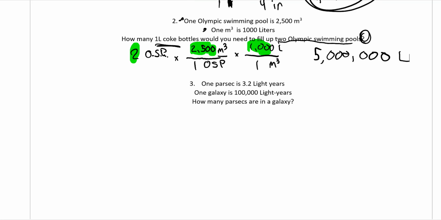Okay, finally. You might have heard the word parsec and light year before, and you don't know what they mean. They're ways to measure distances in space. Really huge distances. Maybe I'll talk about it more in class later. So, you remember, we figure out where to start by looking at the question they're asking. We want to know how many parsecs there are in a galaxy. So we start with 1 galaxy.